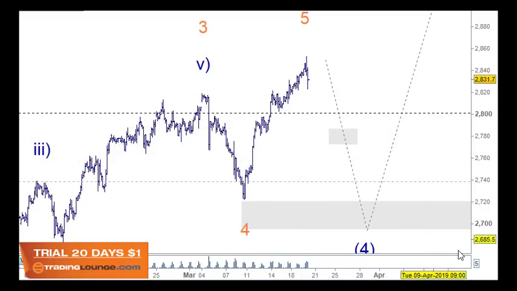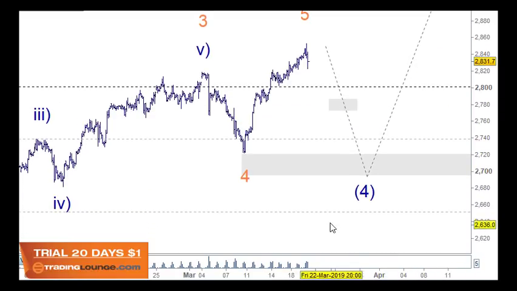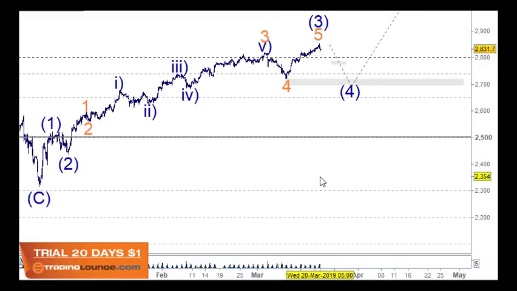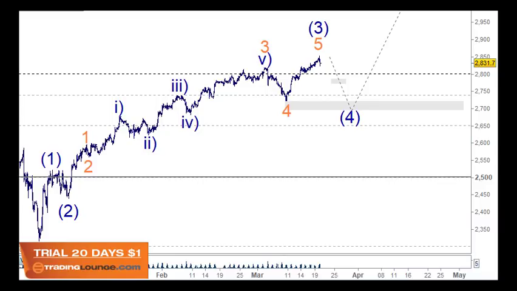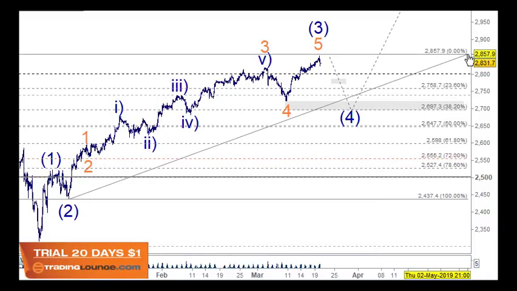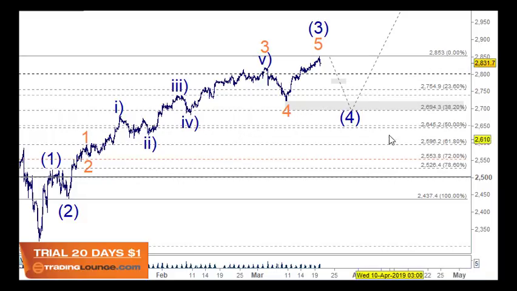So that's one point that we could look to. If we were looking for wave 4 to pull back from the low of wave 2 here, the 38.2% here, and take that in as a top here, then the 38.2 is here. So we'll either pull down to the wave 4 of one lesser degree, or to the 38.2%. So pretty much at the 2700 area here, that would be where that would be at that particular point.